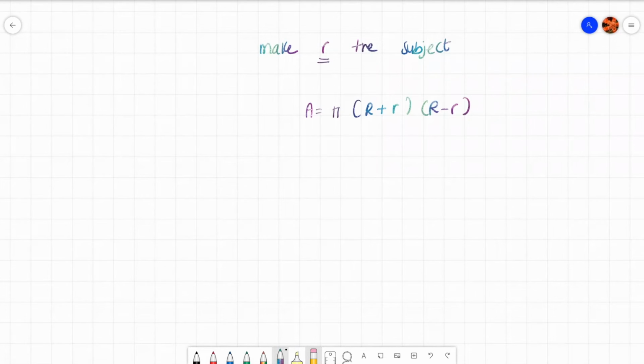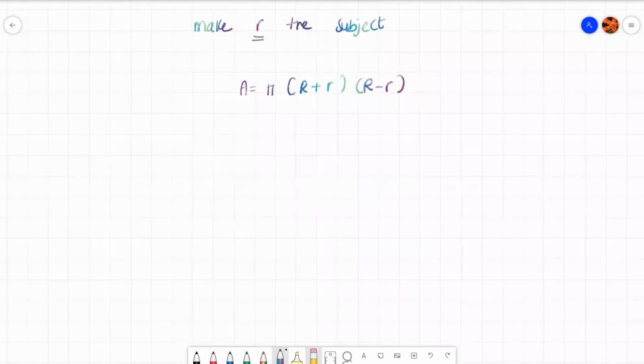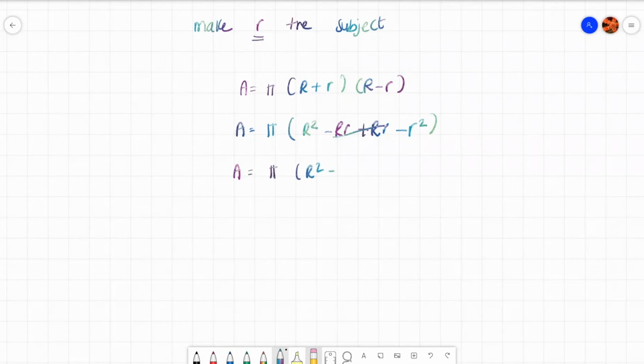Now I could multiply this out and let's see what happens if you want to do that first. And then we'll see what other method we need to do. If I times it out, I get R squared minus Rr plus Rr minus r squared. Okay, well that cancels. So I'm just left with A equals pi times (R squared minus r squared).